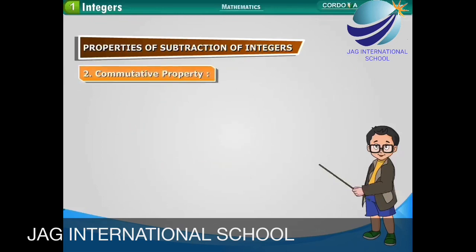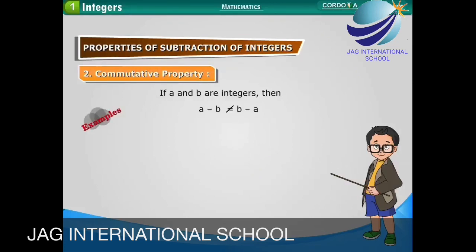Commutative property: if a and b are integers, then a - b is not equal to b - a. Examples: 3 - 5 is equal to -2. 5 - 3 is equal to 2.